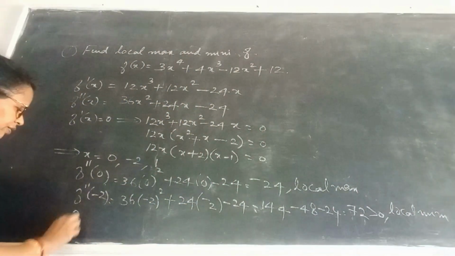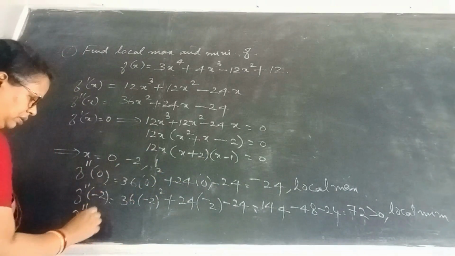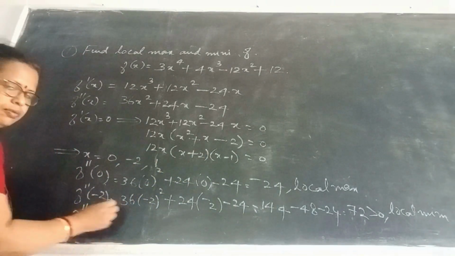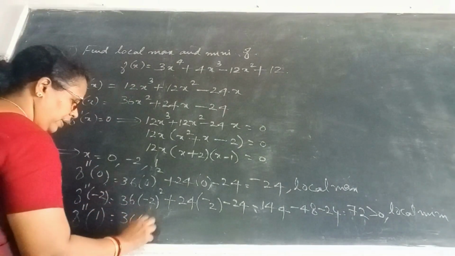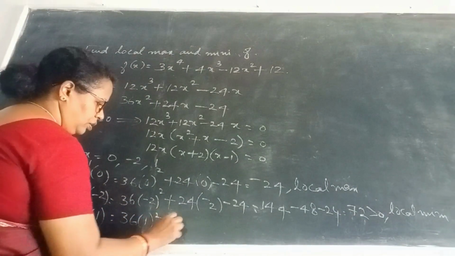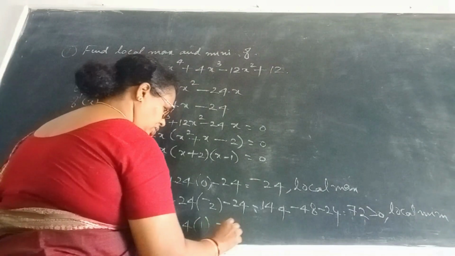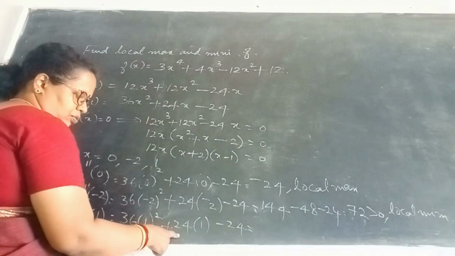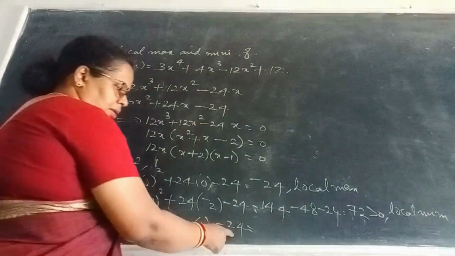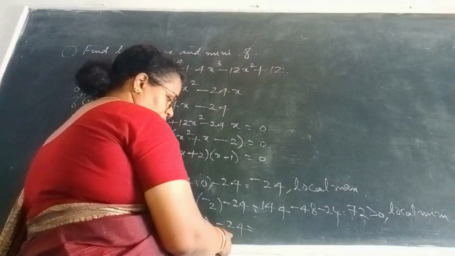Next is f double dash of 1. What is it? 36 into 1 squared plus 24 into 1 minus 24. So 36 plus 24 is 60, minus 24 is 36, which is positive.